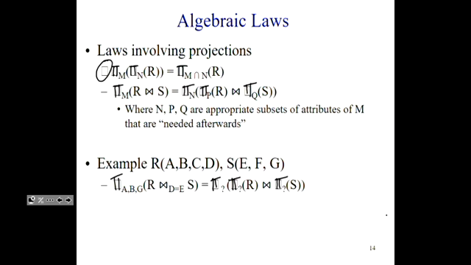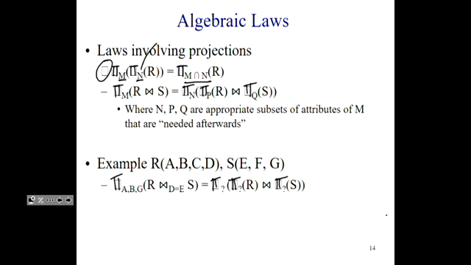The laws involving projection: a simple one is if you have M and N, two sets of attributes, and you're applying projections in a sequence, then M intersection N is an alternate way of representing the same projection operation. Why is that?